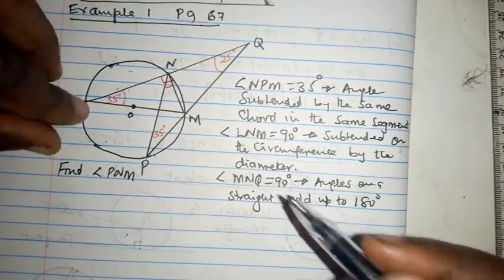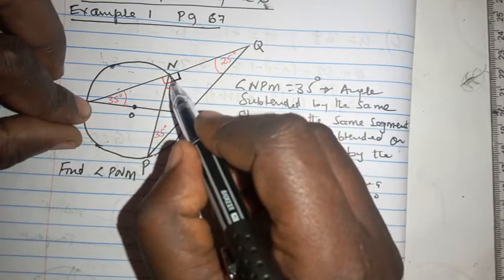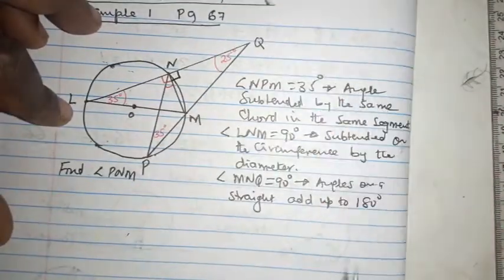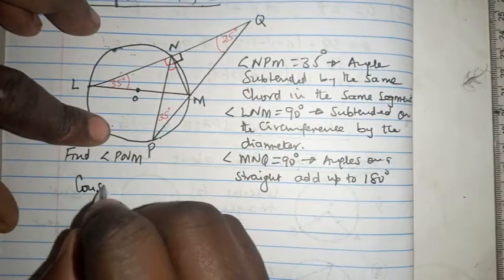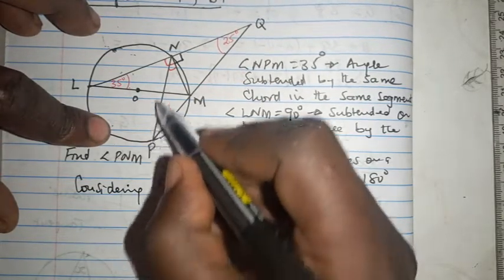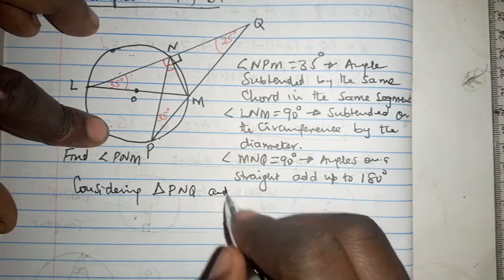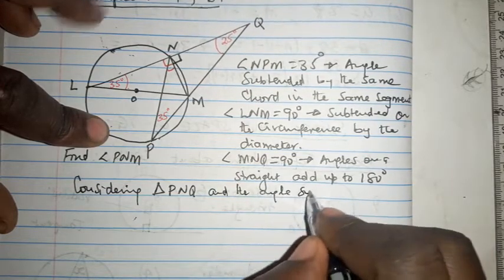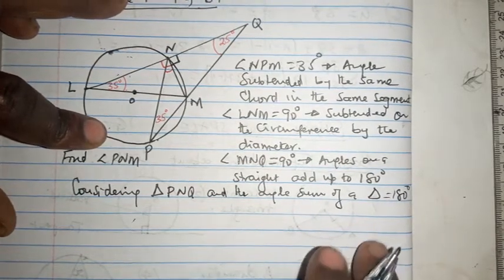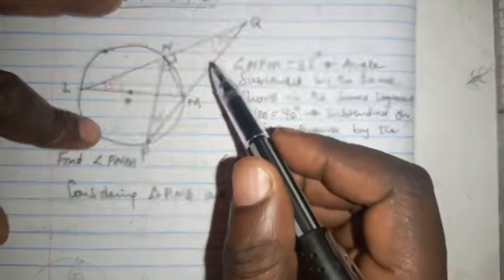Having said that, if that is 90 degrees, considering triangle PNQ, this triangle, and the angle sum of a triangle, which is 180 degrees, then we can talk of that triangle.